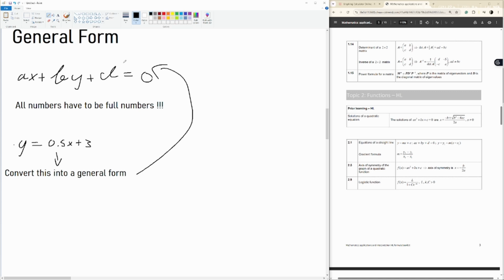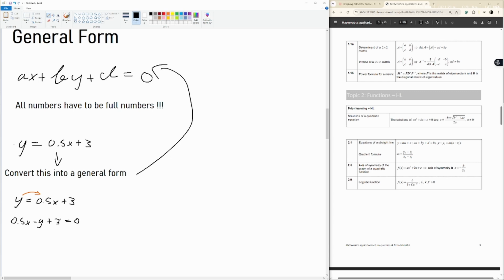So the first step would always be, let's write this down here as well, y is equal to 0.5x plus 3. Your first task would obviously be to bring y to the other side, meaning that 0.5x minus y plus 3 would be equal to 0.